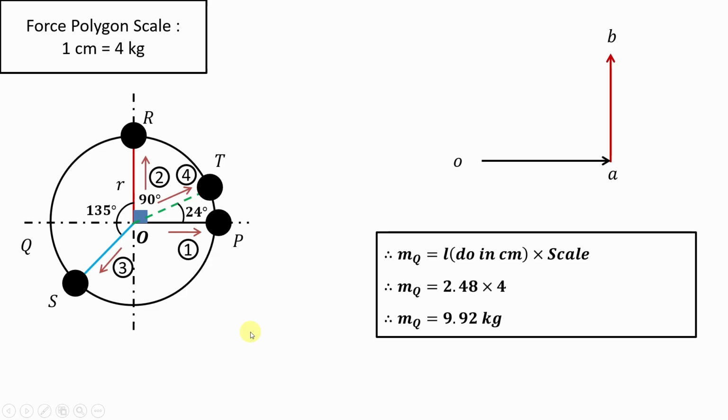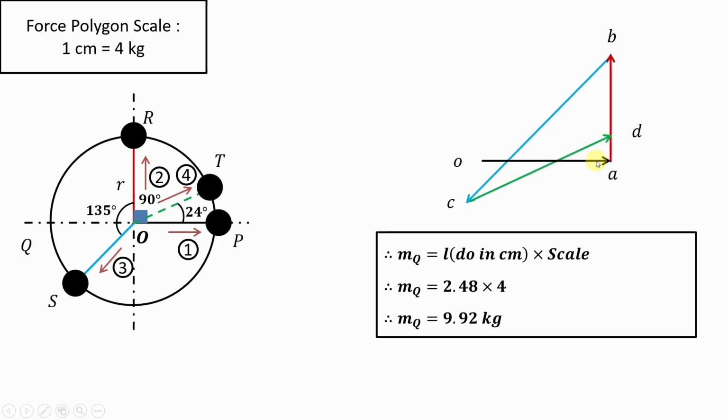So AB represents the centrifugal force on mass R which is there in plane R. Then the mass under consideration in plane S by 4 centimeter. Then the mass under consideration in plane T, which is of 3 centimeters. So length CD will be of 3 centimeters.